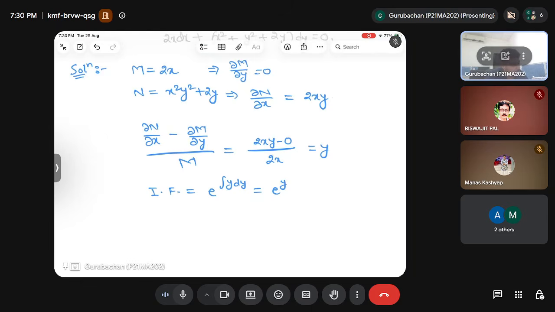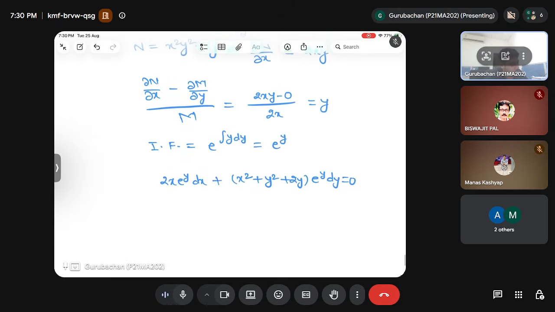So your equation now will become 2x e to the power y dx plus (x square plus y square plus 2y) e to the power y dy. Now you can check whether your equation becomes exact or not.